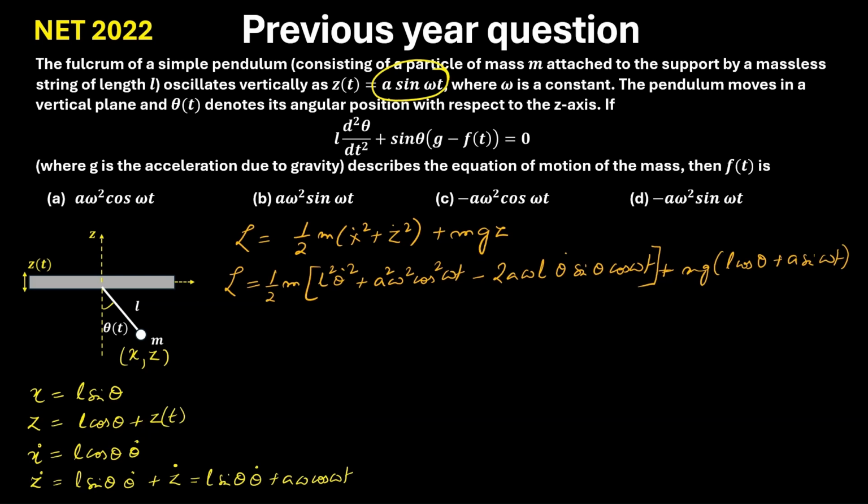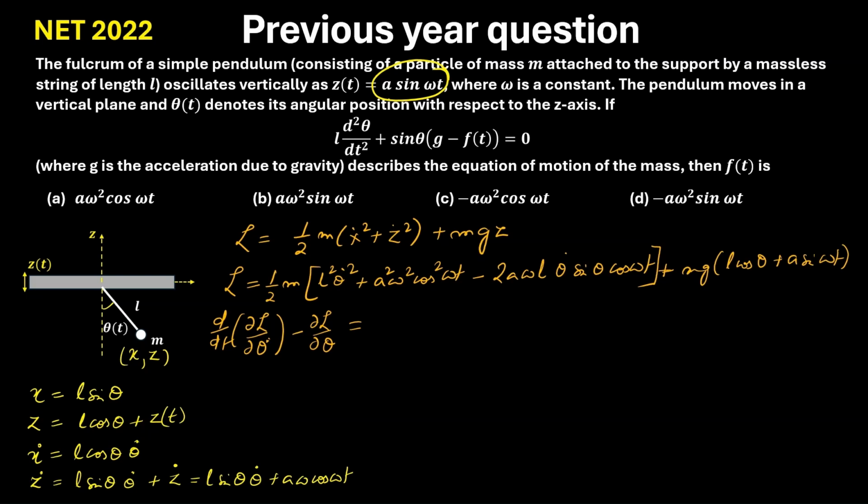Now we can find the equation of motion in terms of theta. It will be d by dt of del L by del theta dot minus del L by del theta. If you substitute the corresponding expressions, you can do this exercise.